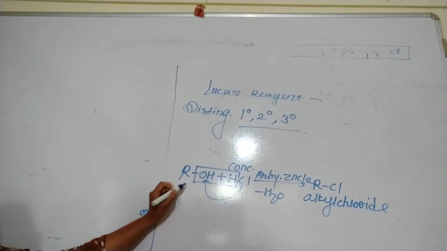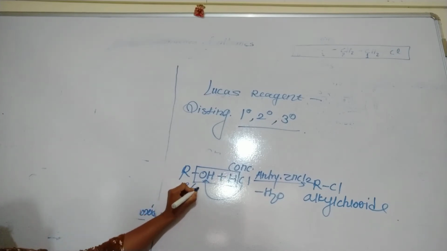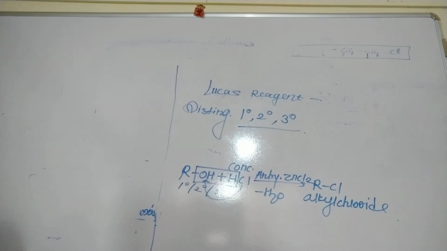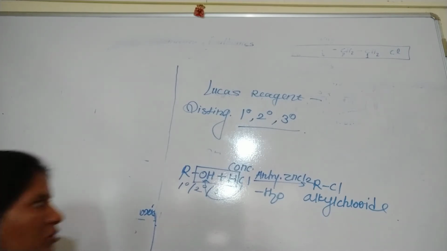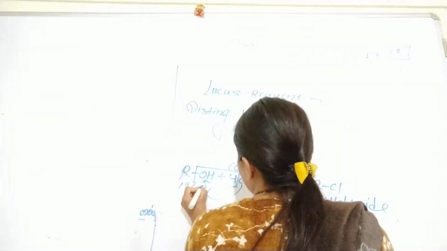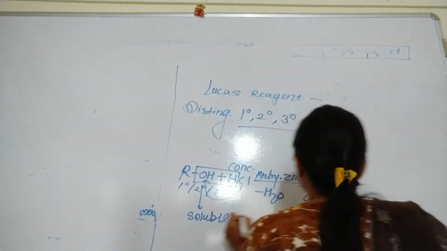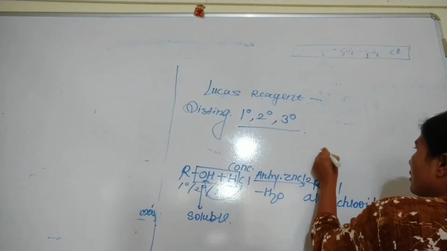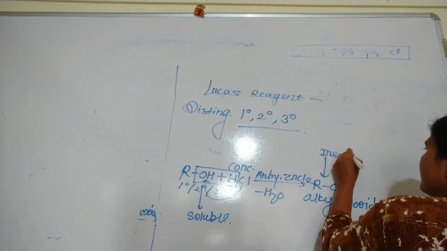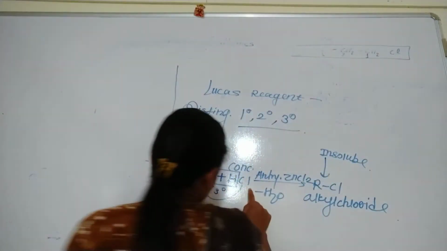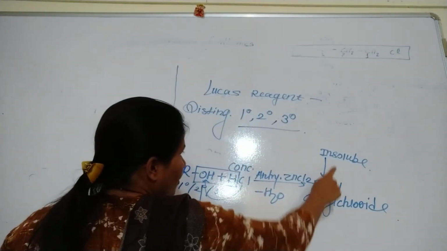You can take any alcohol, primary, secondary or tertiary, and it is soluble in Lucas reagent, but the products are not soluble. You must remember, your alcohol is soluble in Lucas reagent, but your product is not soluble in Lucas reagent.